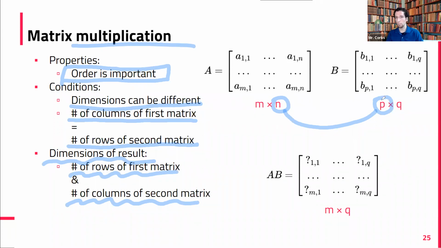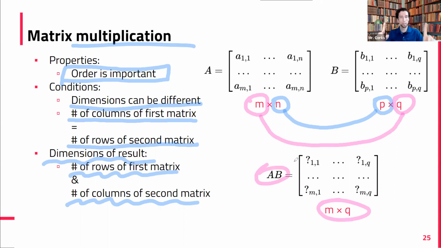So if N and P are the same, it's possible, and the result will be an M by Q matrix. The outside numbers tell you how big it will be. The inside numbers tell you if it's possible. The outside numbers tell you what the dimensions of the result will be. That's the easy way of remembering this.